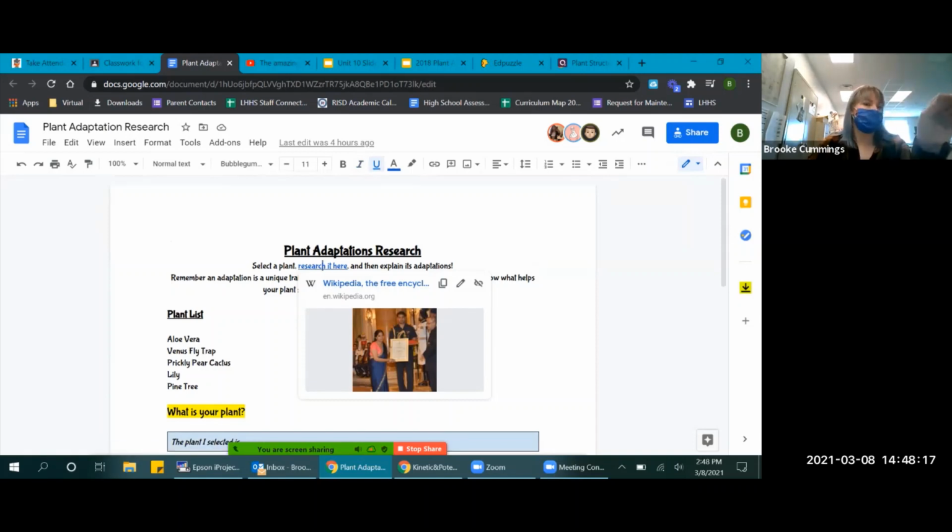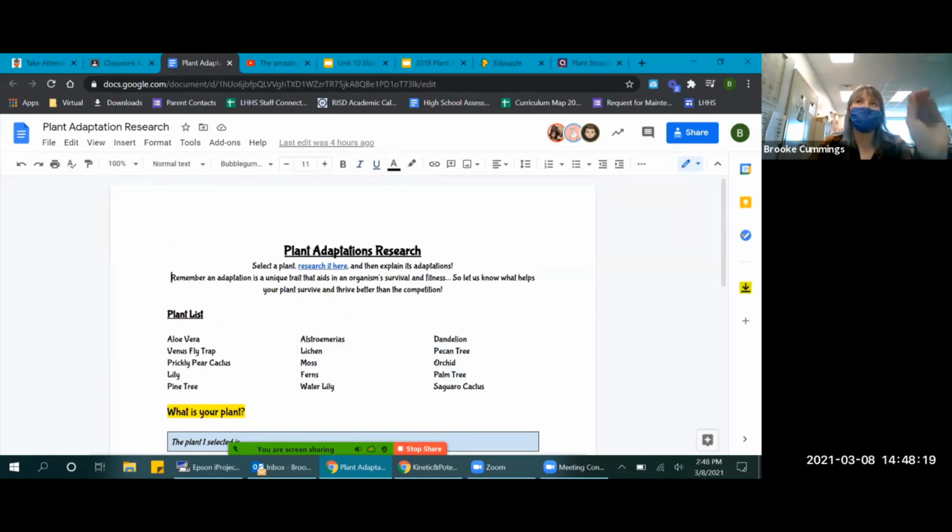Do not copy and paste. Some of you did not listen to me with the writing prompt about copying and pasting. I will give you a 0. I'll let you redo it, but I will give you a 0. So you can look it up on Wikipedia, read it, process what you read, and then put it in your own words, okay? Everybody good? You understand what I'm saying? Okay, thank you.